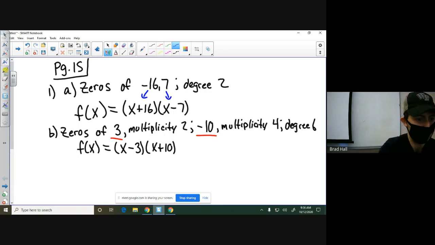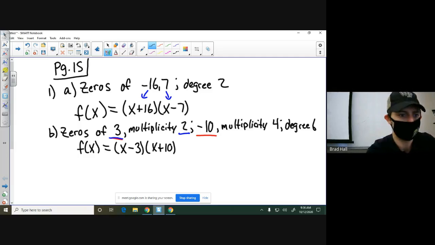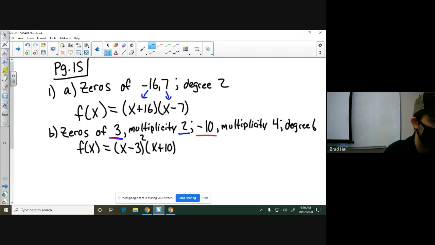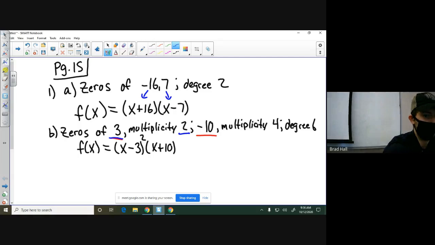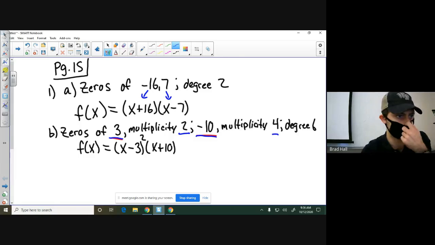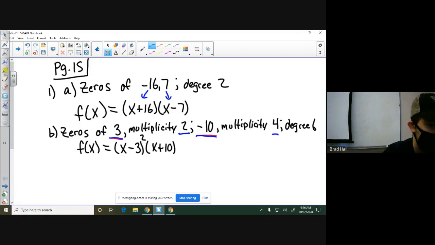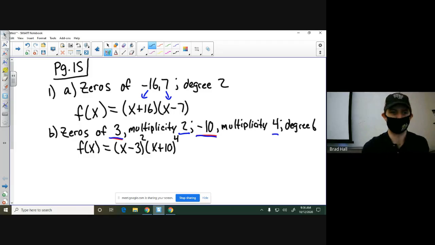So for 3, we have a multiplicity of 2, which means the factor of x minus 3 simply has an exponent of 2. And for -10, a multiplicity of 4 simply means an exponent of 4. And that's it. That's how you construct that. That's what multiplicity means. It's just the value of the exponent.